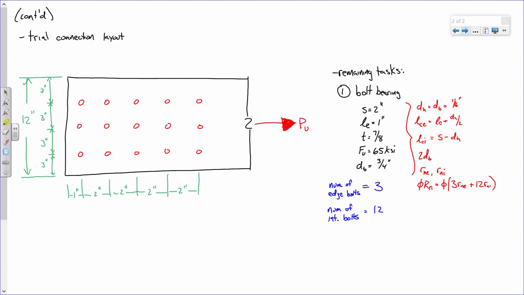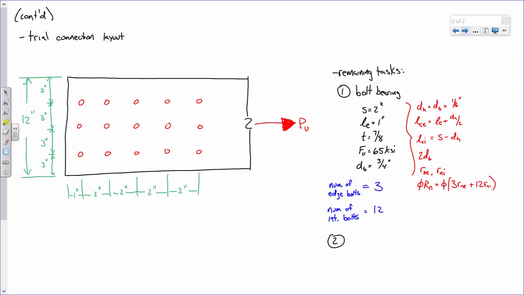What do you think? We have to check other limit states. That's a great question. So, what other checks do we have to do?